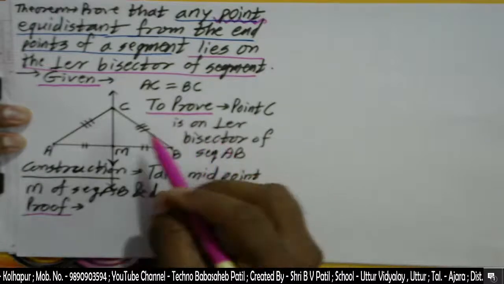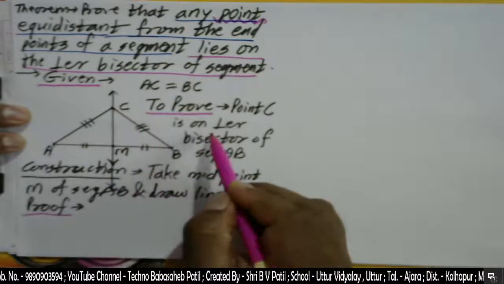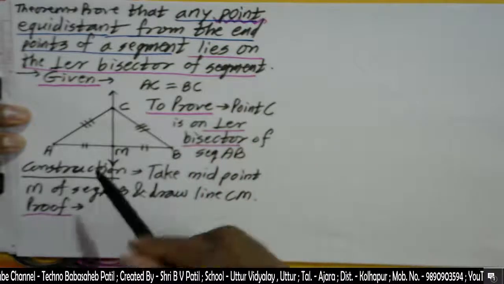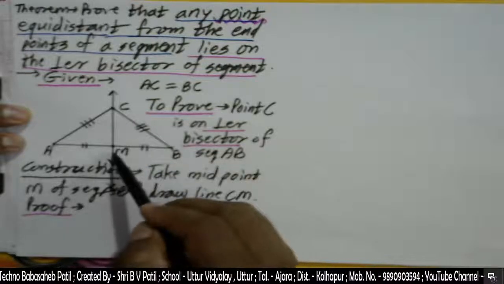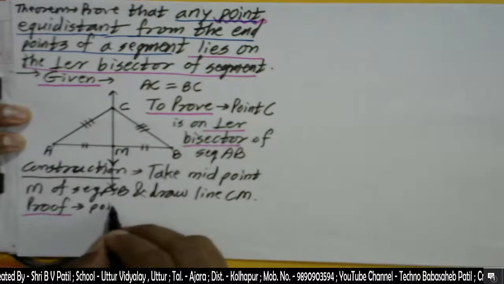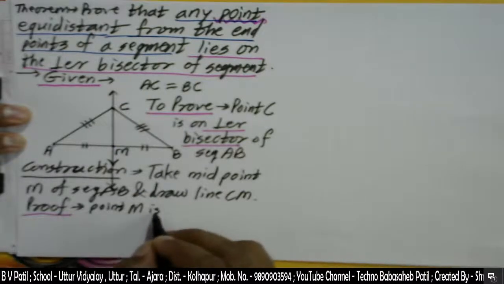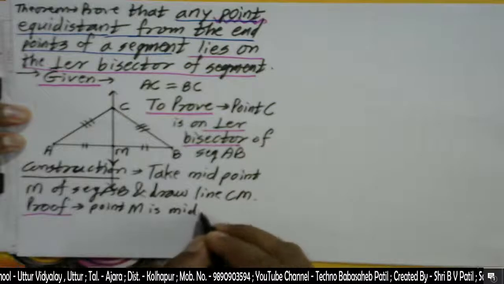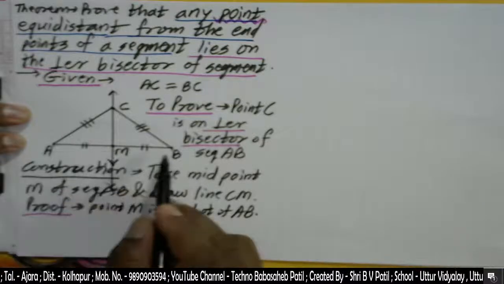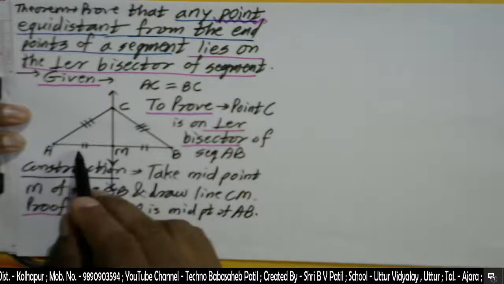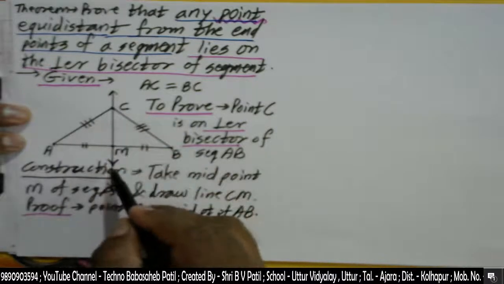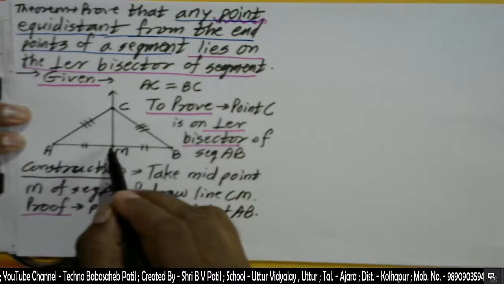We prove here this line CM is perpendicular bisector. We can say that line CM is bisector. Here point M is midpoint of AB. Means there are two equal parts. Means that line CM divides AB into two equal parts.